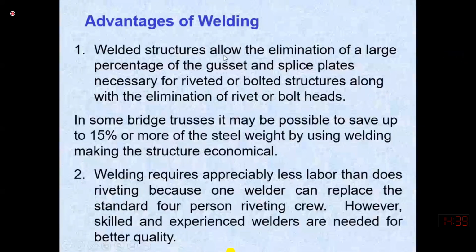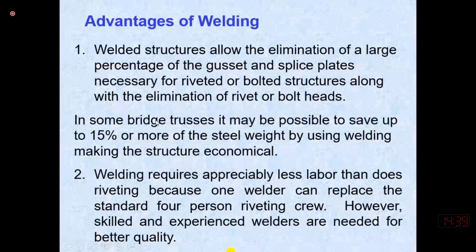Welded structures allow the elimination of a large percentage of the gusset plates and splice plates which are necessary for riveted or bolted structures, along with the elimination of the rivet or bolt holes.